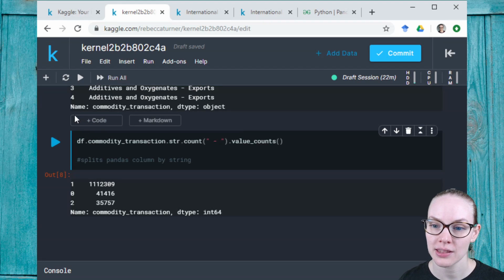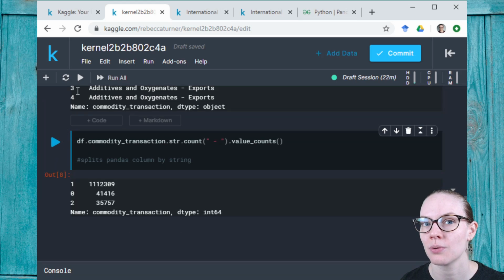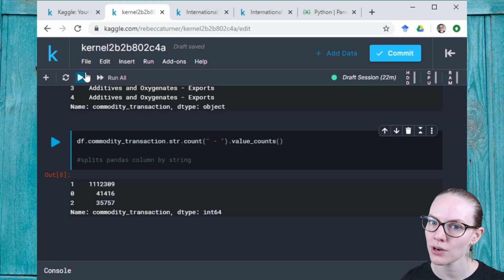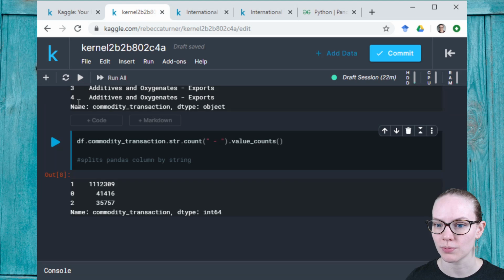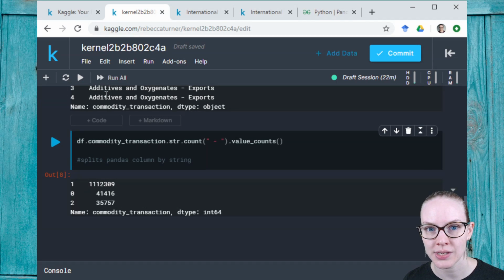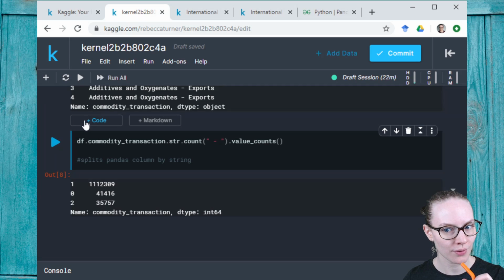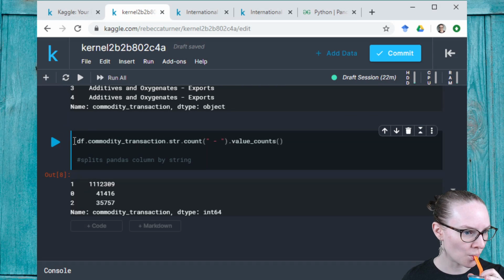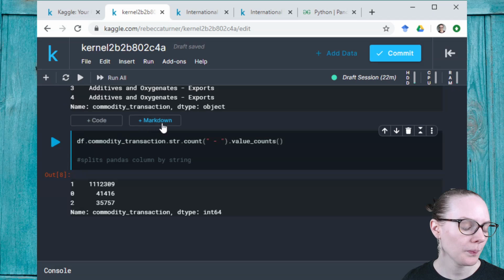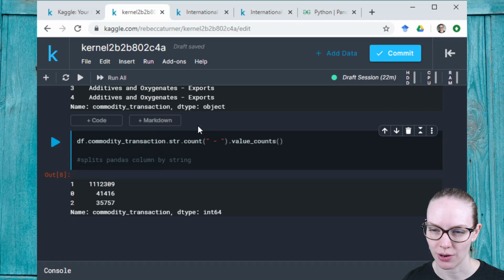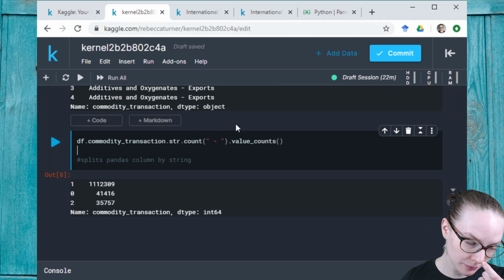Okay, so that looks like that is changing our values. The one thing we would want to watch out for is that there might be rows where there are not spaces and there should be spaces. But we will see that when we do our work going forward. And this looks like we don't need quite as many rows either, which is nice.